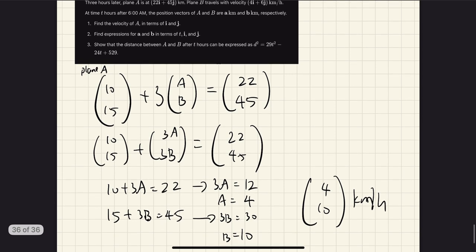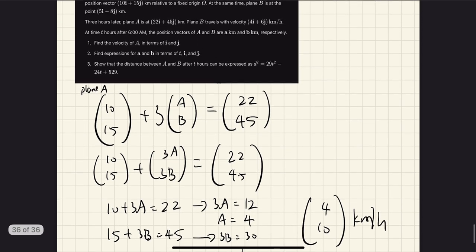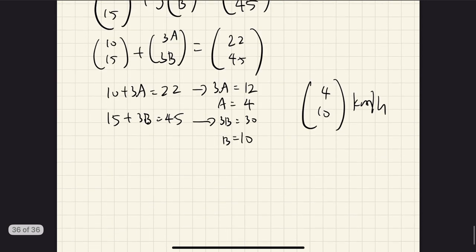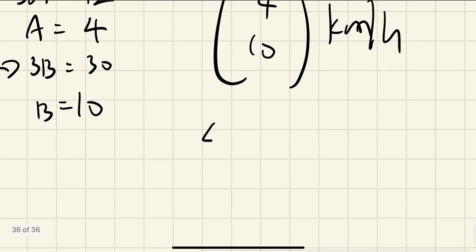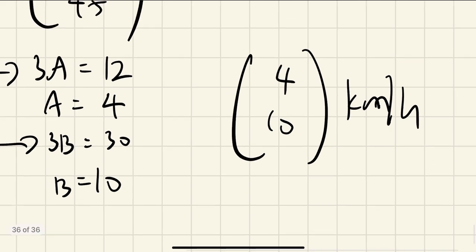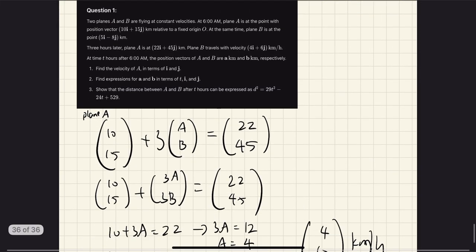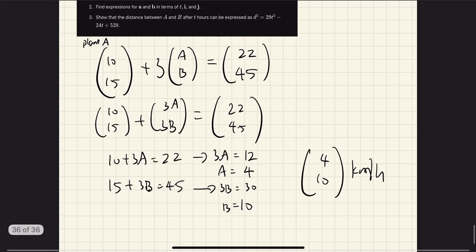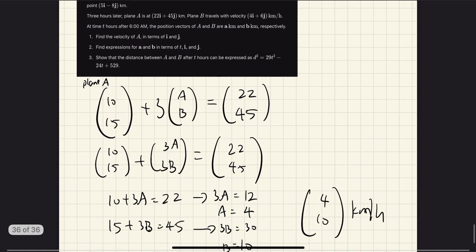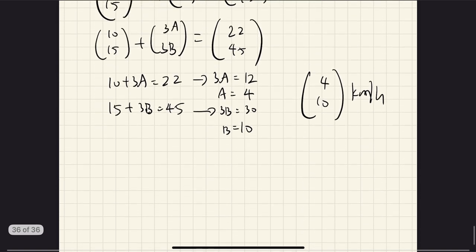If you want to convert this, it would be 4i plus 10j. That should be it for the first part. The second part asks to find expressions for A and B. Let's do A first because we already have it.